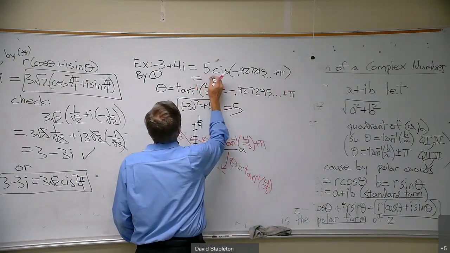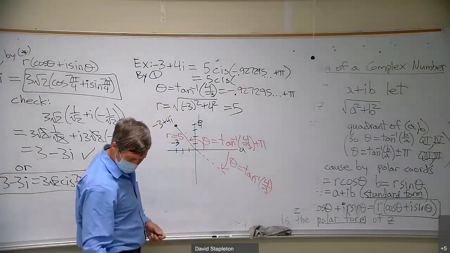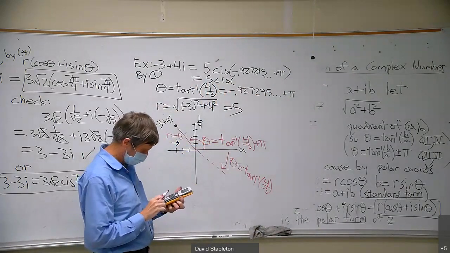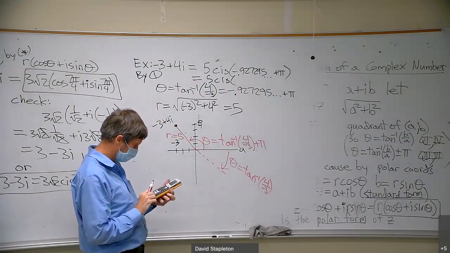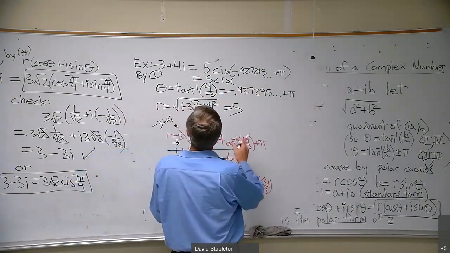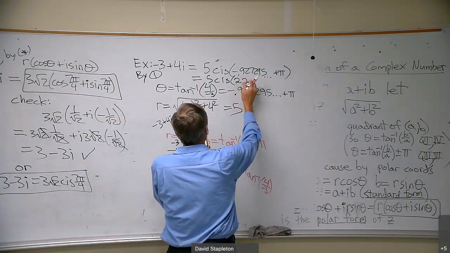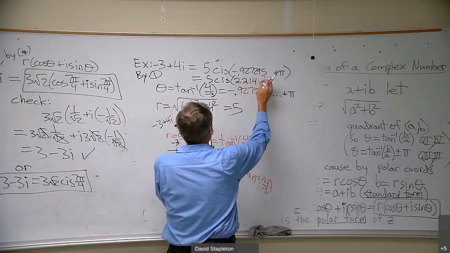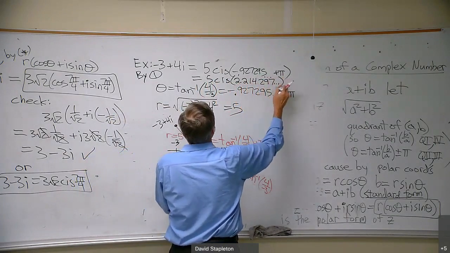And I get 5 times cosine plus i sine of 2.214297, blah, blah, blah.